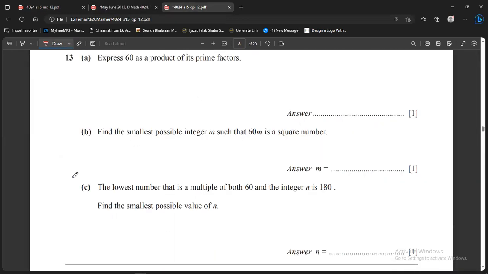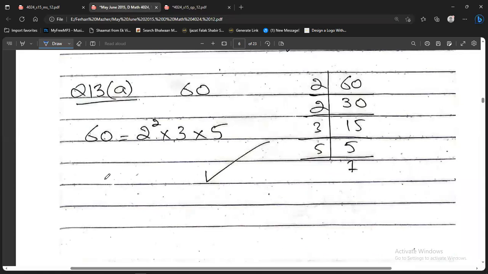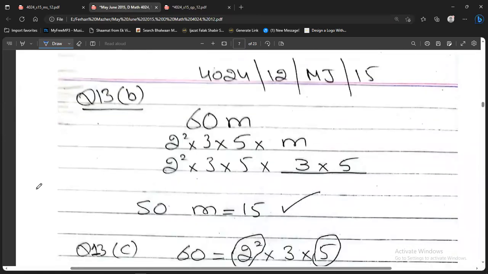Find the smallest possible integer m such that 60m is a square number. Whenever a number is a perfect square, the power of all the factors is even. So 60m, where 60 is 2 square into 3 into 5 into m. M is a wild card.